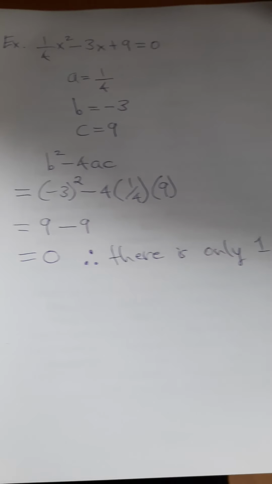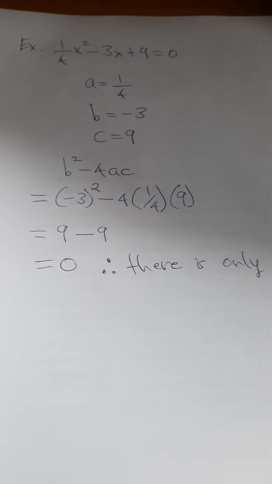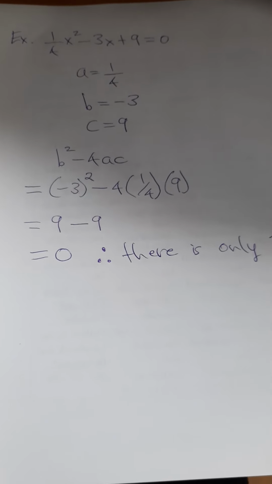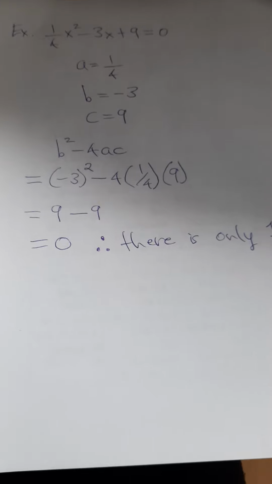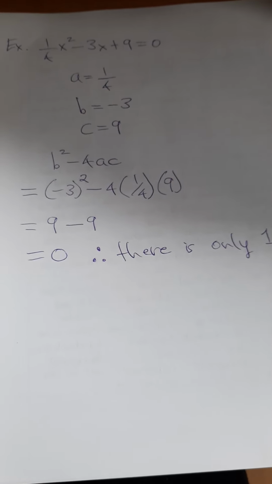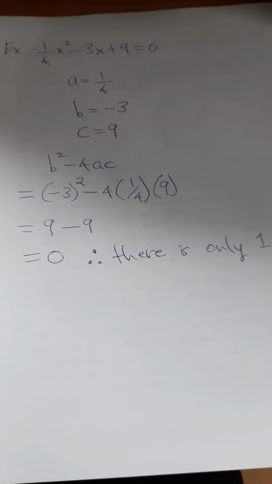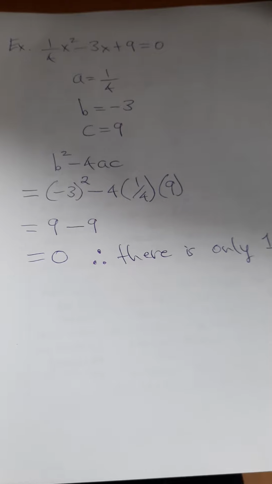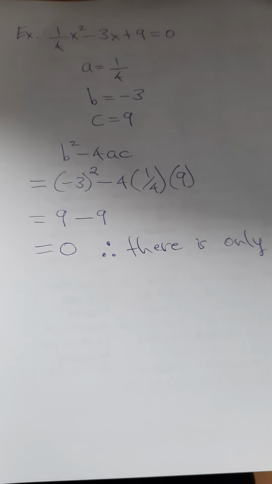If the discriminant is positive, it indicates that there are 2 solutions. If the discriminant is equal to 0, that indicates there's only one solution. And if the discriminant is less than 0, a negative number, that indicates there are no solutions. All right?